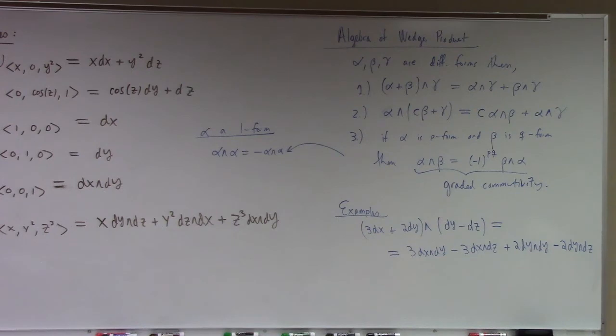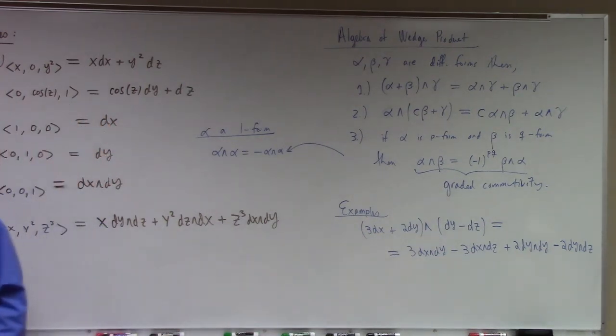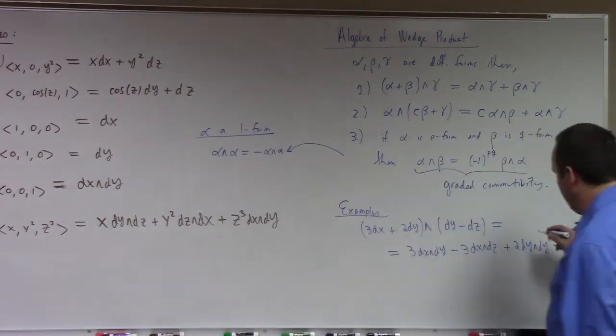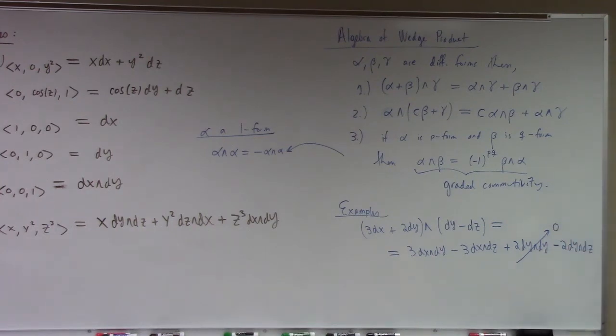But you have to be careful. That's not true if we took a 2 form wedge a 2 form; it wouldn't have to be equal to 0. In fact, 2 forms wedged with 2 forms actually form important equations in physics, as it happens. But a 1 form wedge a 1 form, that's easy. That's 0. Any differential wedged with itself is 0. So dy wedge dy was 0, right?